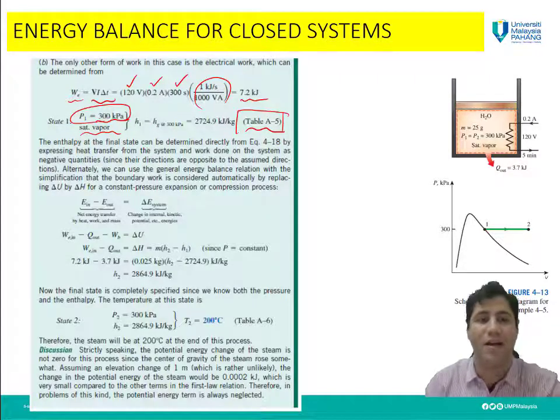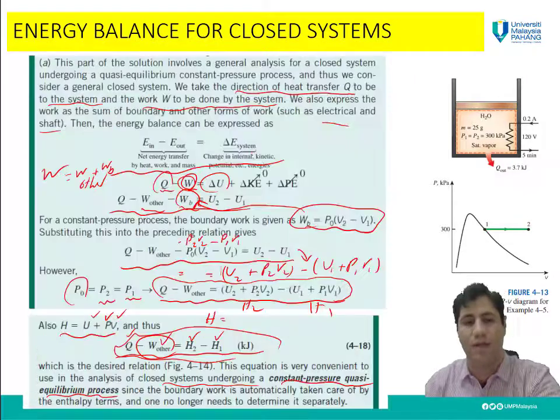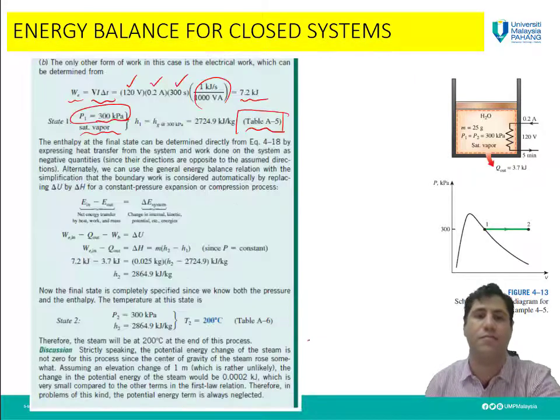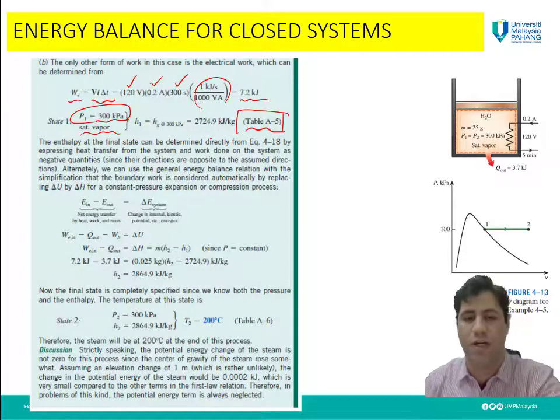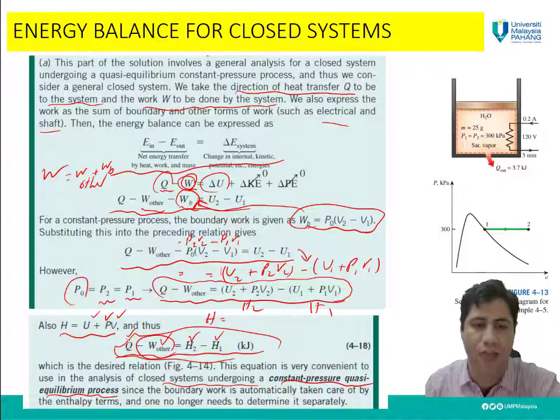And at the final state, the enthalpy can be determined directly from equation 4-18. Why are we going to determine this enthalpy here? If you notice, we have W, we have Q, which was mentioned as 3.7, and we have H1. Now we need to calculate H2.